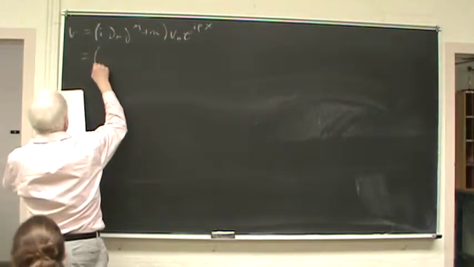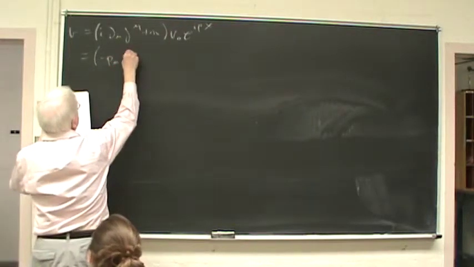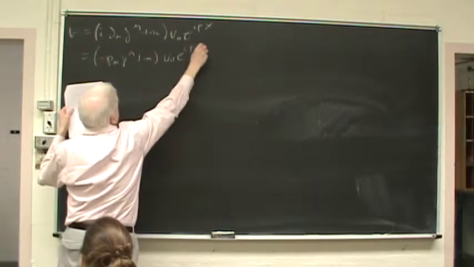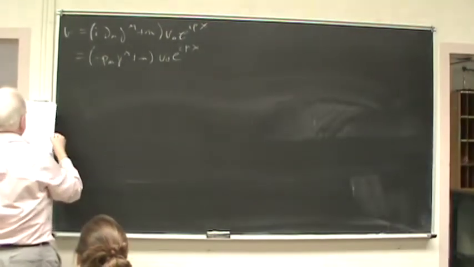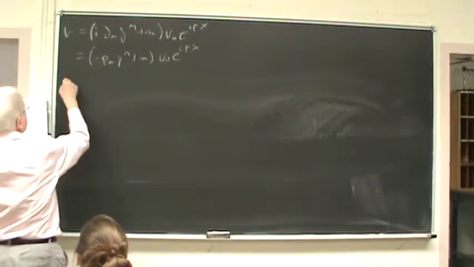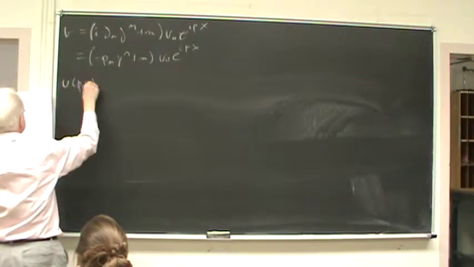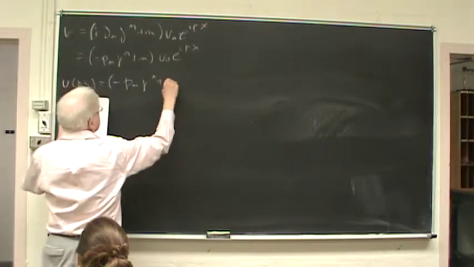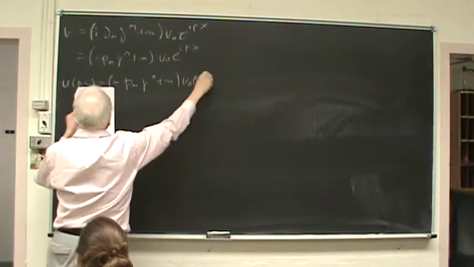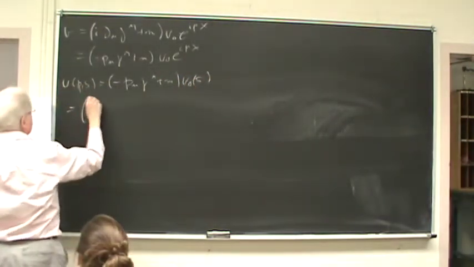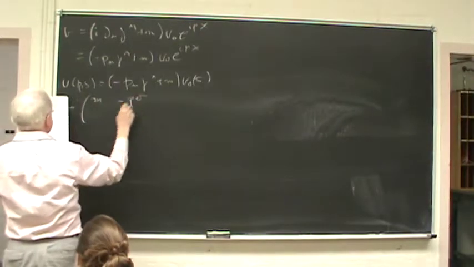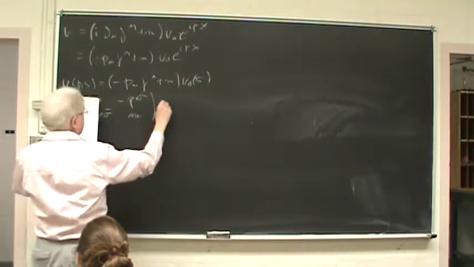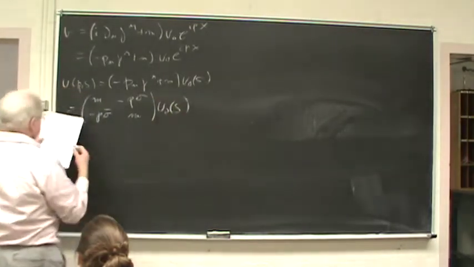So this is then minus p mu gamma mu plus m v0 e to the ipx. And so what we say then is that v of p of s is minus p mu gamma mu plus m on some v0 of s. And this is then m minus p sigma bar, m, v0 of s.